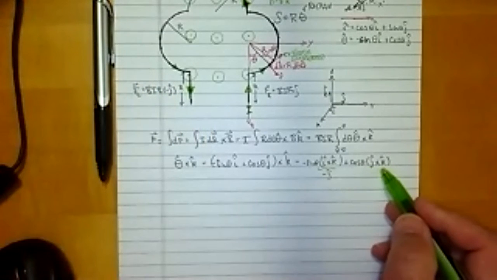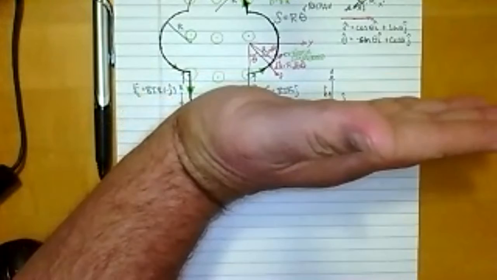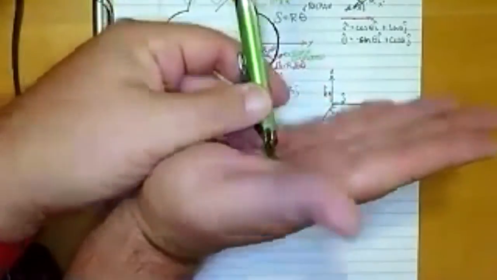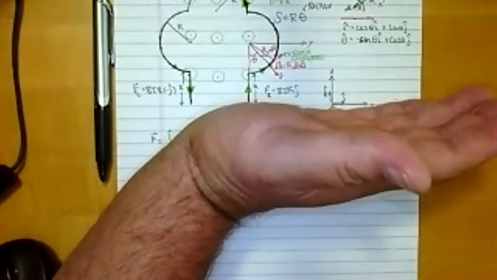Now, j hat cross k hat is another one. In this case, I can actually show it a little easier. So it's j hat. My pinky's pointing parallel to the y-axis. My palm points in the k hat direction. In other words, if you imagine a vector representing my palm by a vector perpendicular to my palm, it points in the k hat or z direction.